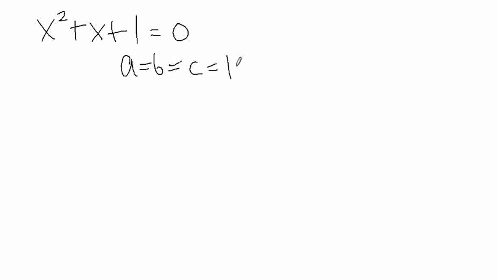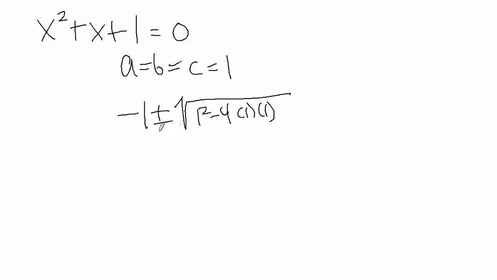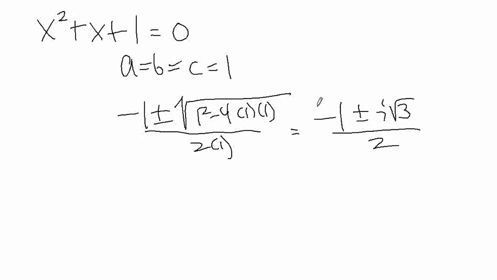And plugging it into the quadratic formula, you get negative 1 plus or minus the square root of 1 squared minus 4 times 1 times 1 all over 2 times 1. Go ahead and simplify that. You'll see that that gives minus 1 plus or minus i root 3 over 2. Okay? So now what I'd like you to do is, first of all, make sure you get that, and then let's try another one.